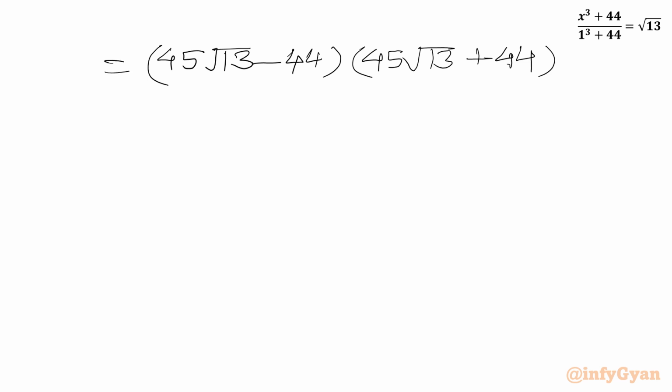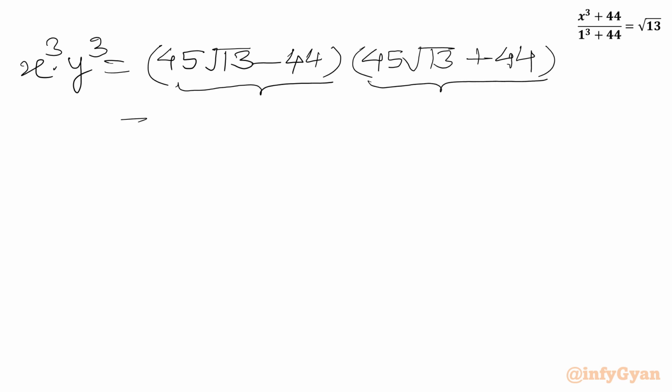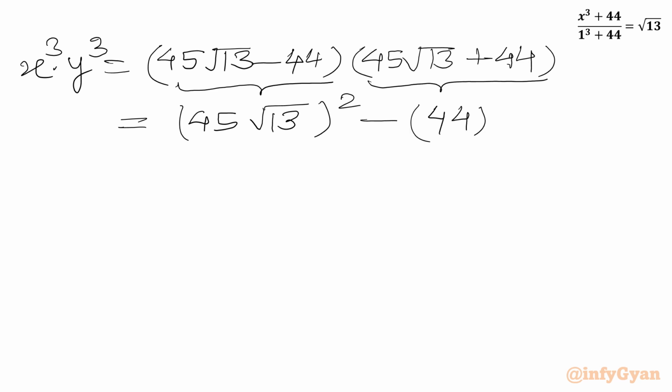This will be equal to x³ times y³. Now you can see (a − b) times (a + b), so we can use the difference of two squares formula. So this will become (45√13)² − 44², and the LHS we can write (xy)³.